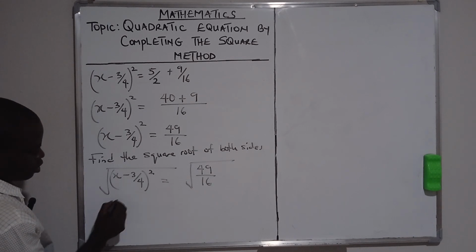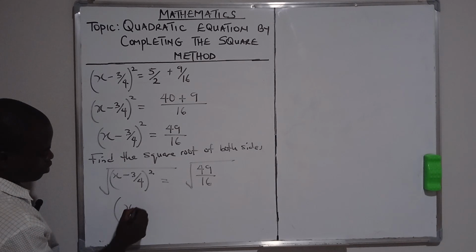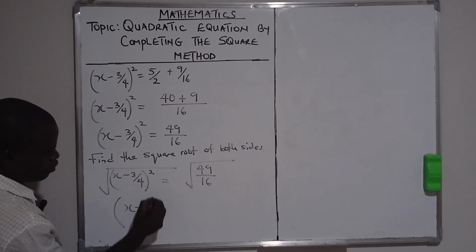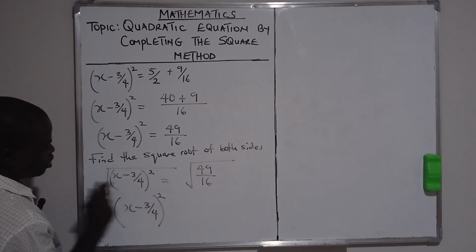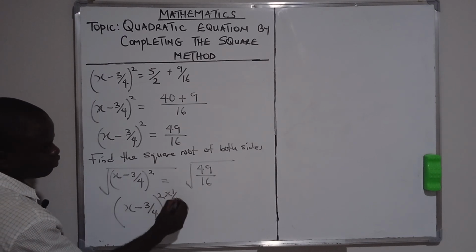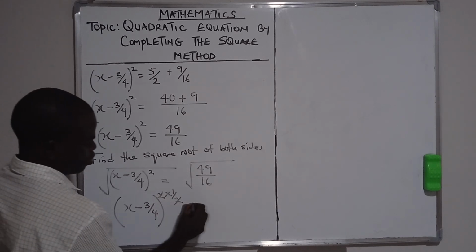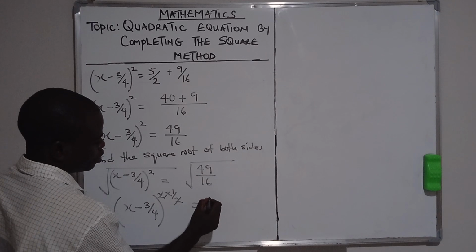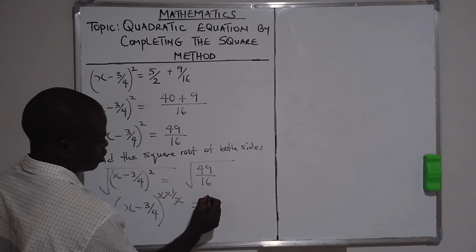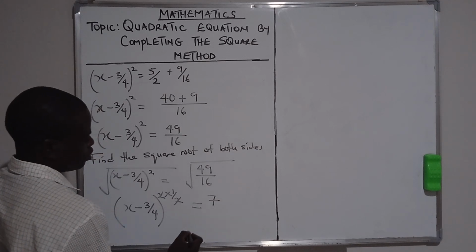Square root means half, so you cancel the square and the square root, equals the square root of 49, that's 7.